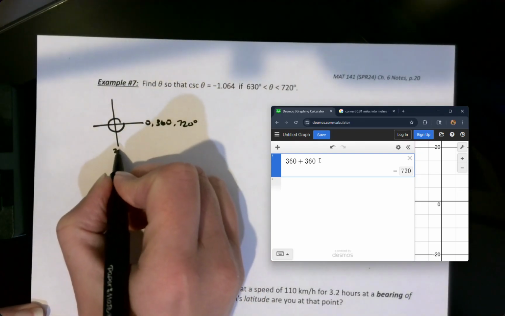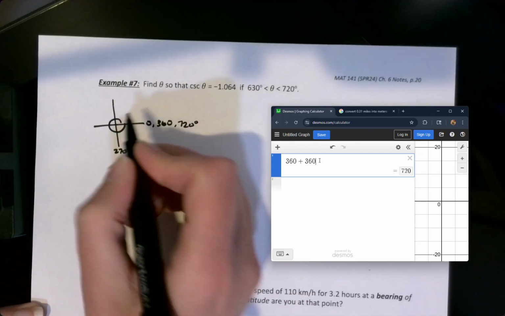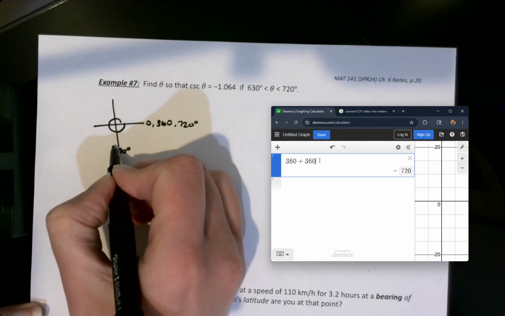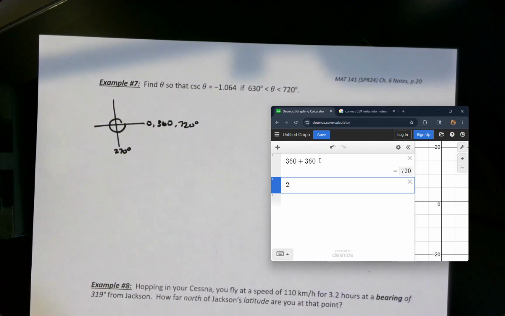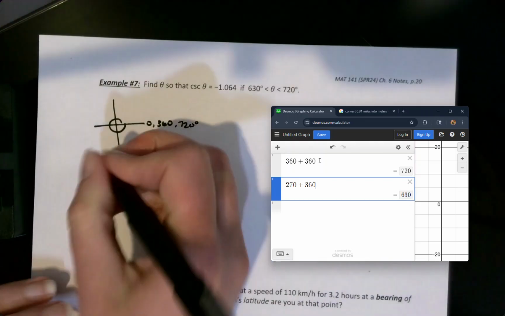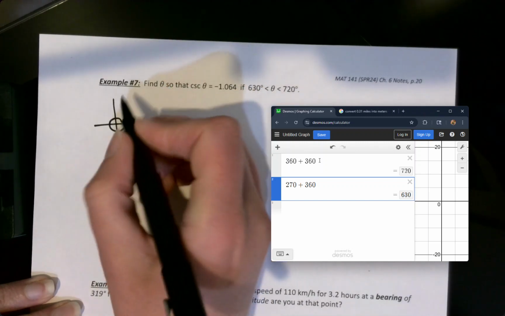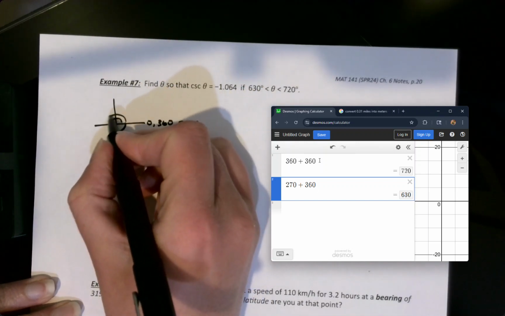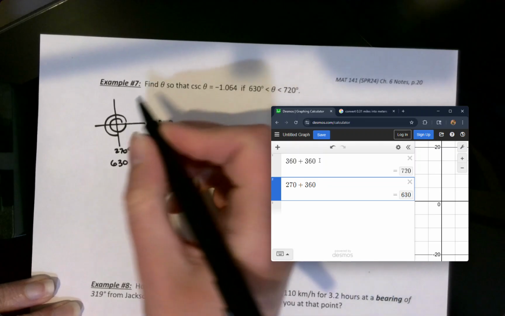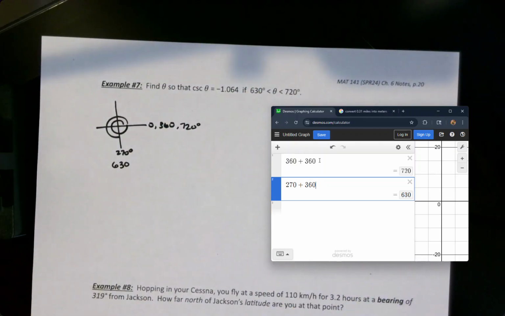This right here is 270 on the first rotation. So if you spin around to 270 twice, so 360 plus 270, that's the 630. So this angle needs to be in between 630 and 720.